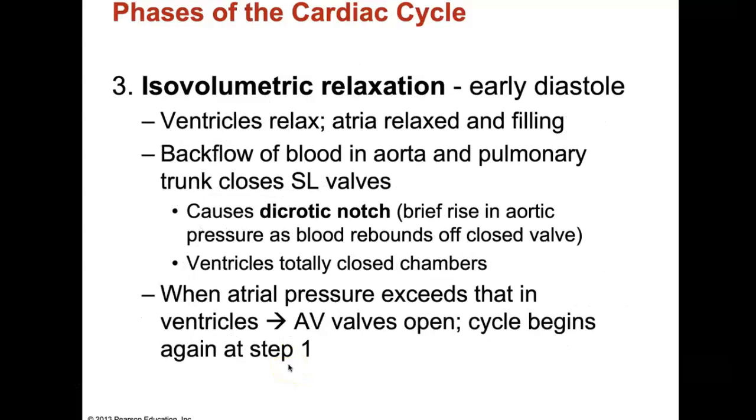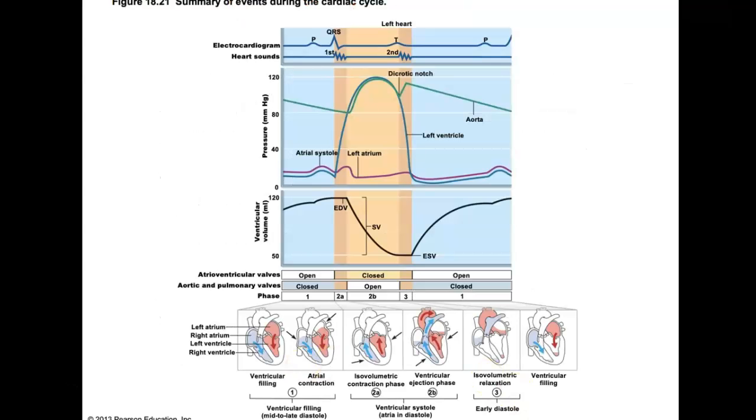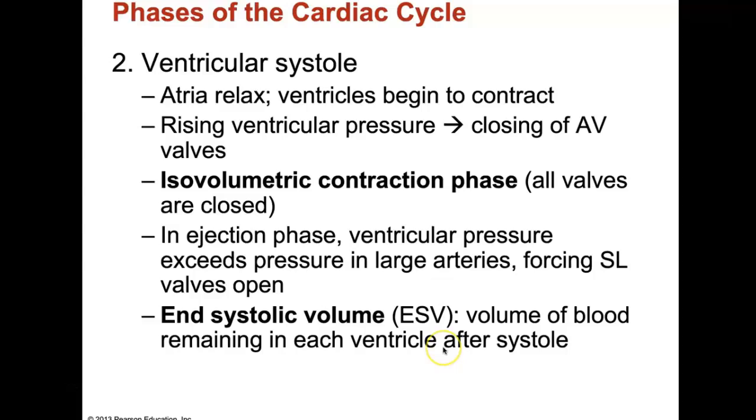Let's move over to the last phase, which we know as the isovolumetric relaxation or early diastole. During this brief phase following the T wave, the ventricles are going to relax because the blood remaining in their chambers, referred to as the end systolic volume, is no longer compressed.